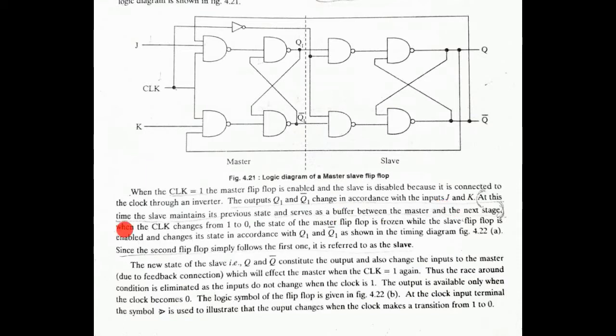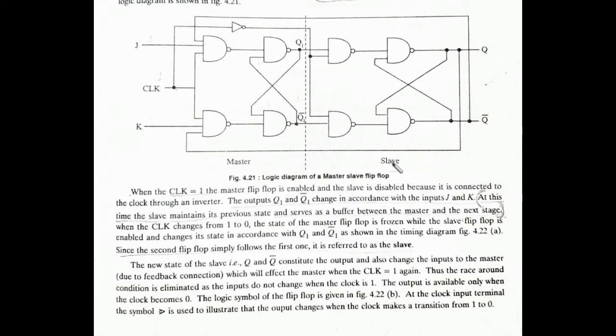Now when the clock changes from 1 to 0, the state of the master flip-flop is frozen. Means when the clock is 0, the master is disabled and goes into a frozen state, while the slave flip-flop is enabled and changes its state in accordance with Q1 and Q1 bar.